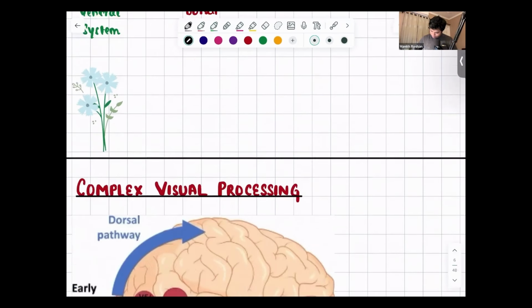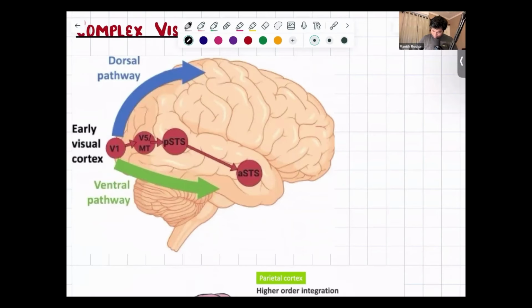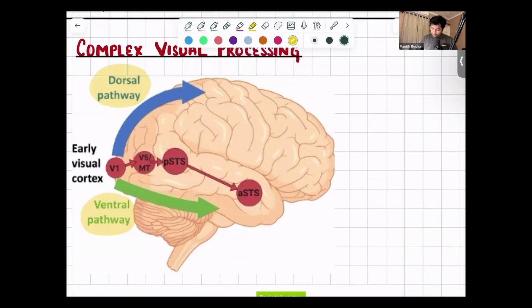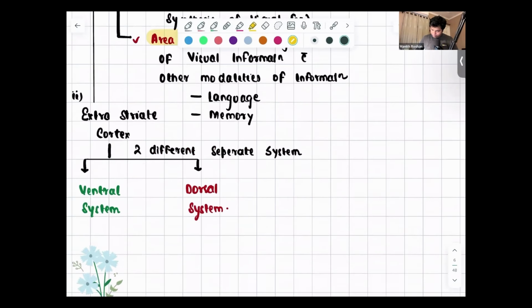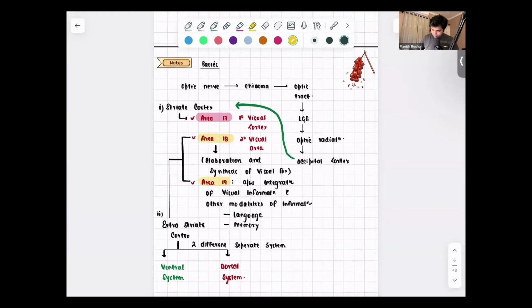These are the dorsal pathway and the ventral pathway which we just talked about. The dorsal pathway arises from the extrastriate cortex and the ventral pathway also arises from the extrastriate cortex. That is what we are going to discuss in detail, but for now this is just the bare minimum, the bare basics that you need to know.